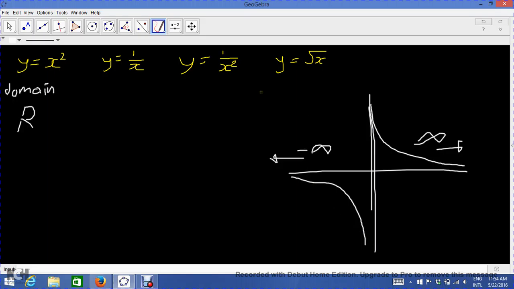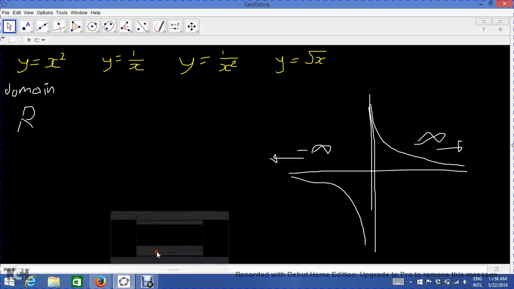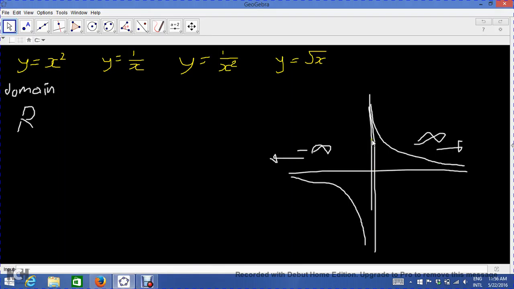We've got an asymptote, so it doesn't exist at 0. So 1 on x we can say is all real numbers, excluding 0. So we don't want to include 0, because it doesn't exist on that point.